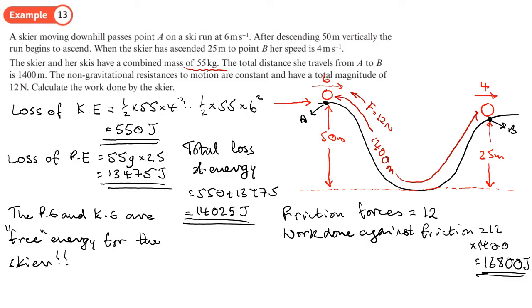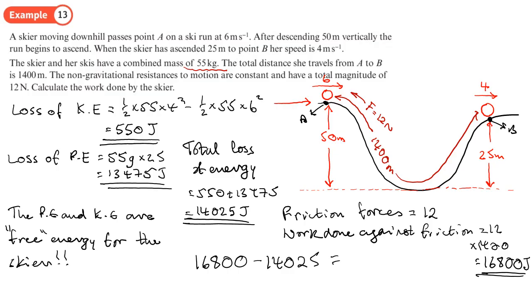So the work done by the skier is going to be the frictional forces, which are actually quite high, which they need to ski for, minus the energy they get given. That's the potential energy loss and the kinetic energy loss.